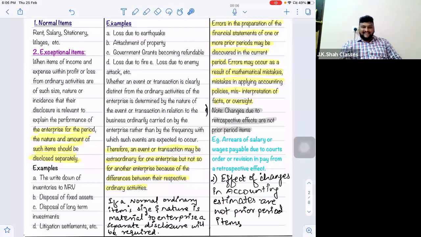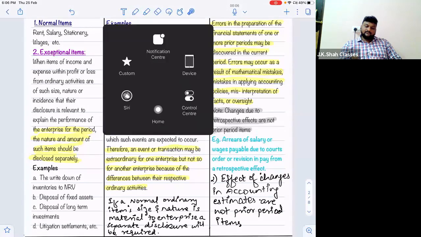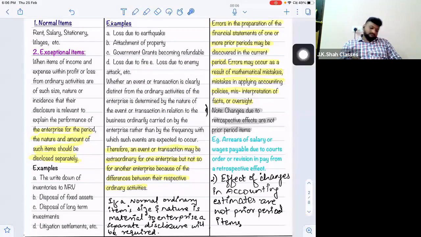Sir, you said that ordinary items are of highly recurring nature, means in day-to-day business. Yes, related to your day-to-day business activities. But you said that exceptional items are, for example, disposal of fixed assets and litigation settlement. They are not highly recurring, right?